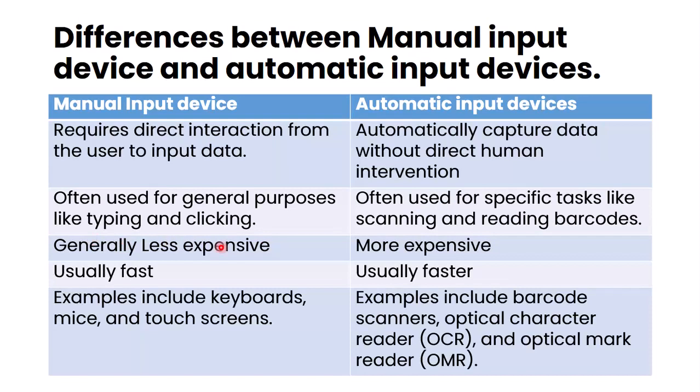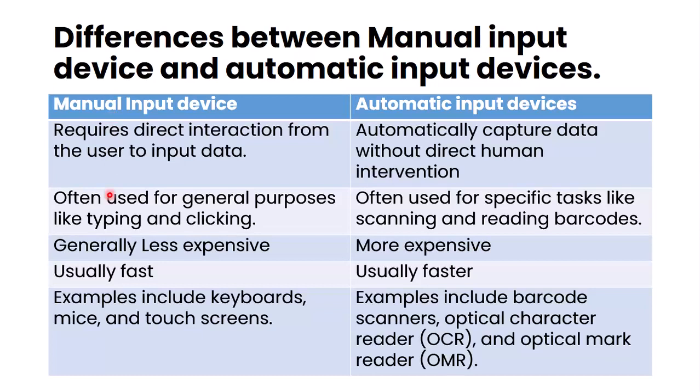If you compare the price of a mouse to the price of, let's say, a magnetic ink character reader, which is automatic, you see that the manual ones are less expensive than the automatic ones.